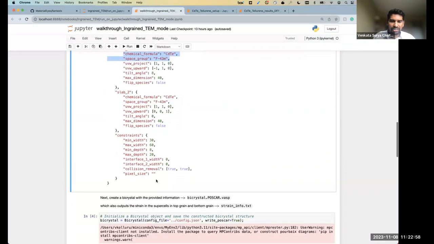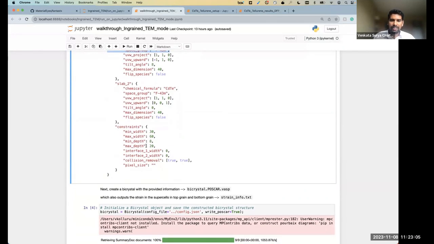Next we provide the constraints for the Ingrained optimization. Here, Ingrained will create a supercell that is large enough, and we give the range within which we want the slab, the supercell, to be. The larger the width or the depth we give, the more opportunity Ingrained has to minimize strains.